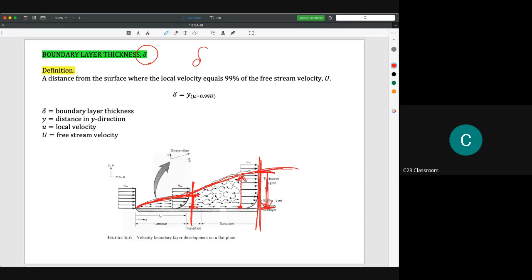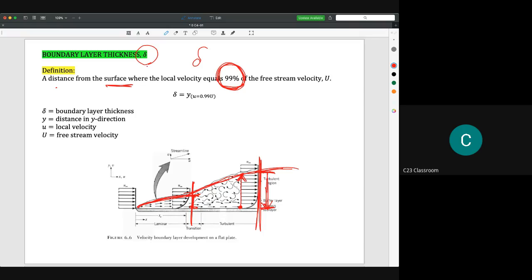Previous researchers made a standard that the boundary layer thickness delta is the distance from the surface to a location where the local velocity equals 99% of the free stream velocity. So you need to stick with the idea of 99%.